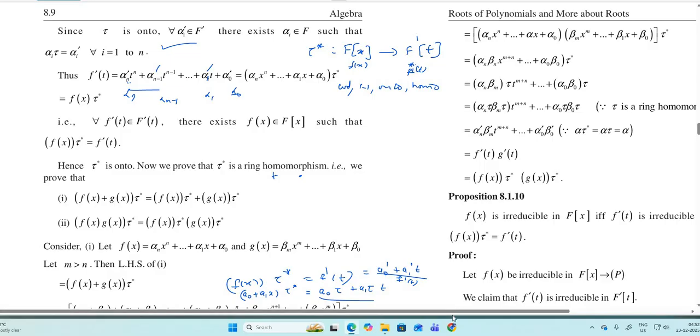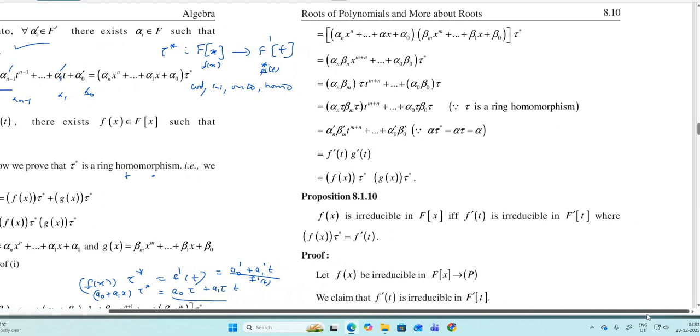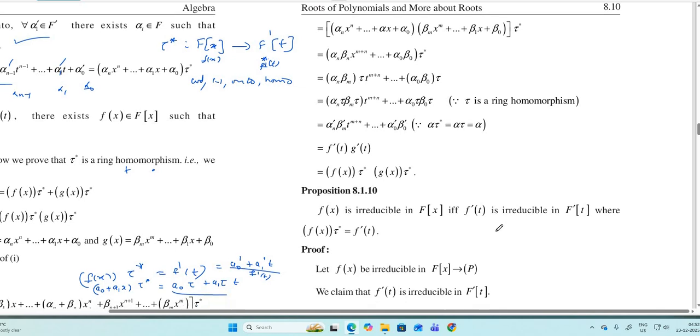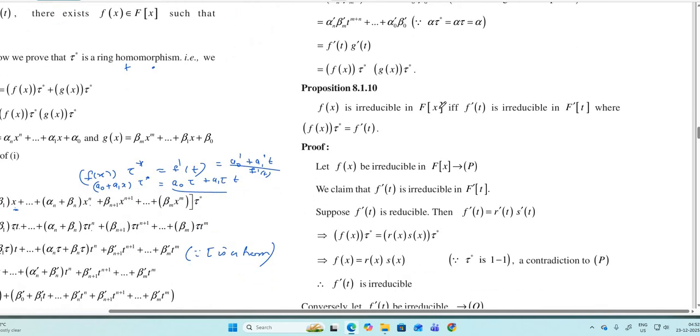Right. Next, we have this result, which states that the behavior of polynomials in F[x] is the same as the behavior of polynomials in F'[t]. If you have a set of polynomials which are irreducible, their corresponding images will be irreducible in the codomain. And whenever a polynomial in the codomain is irreducible, its pre-image is also irreducible.